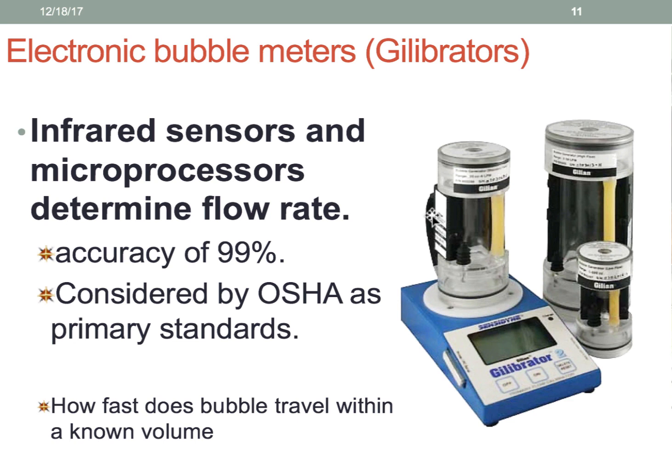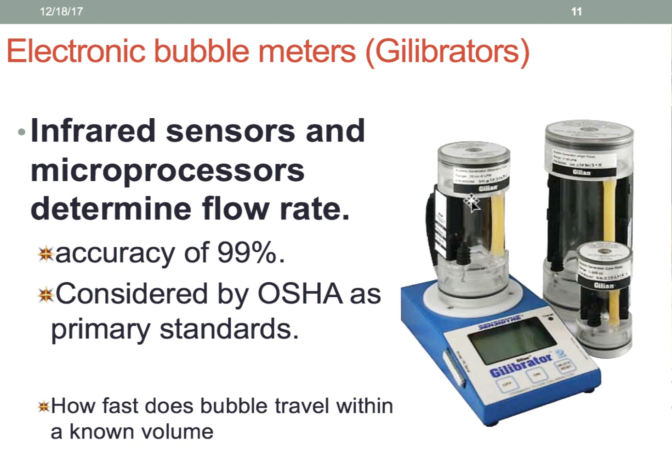Another type of primary standard is the electronic bubble meter. A bubble of soap solution flows up a set volume, and using an infrared sensor, you're able to measure the flow rate based on when the bubble passes one sensor and when the bubble passes another sensor.